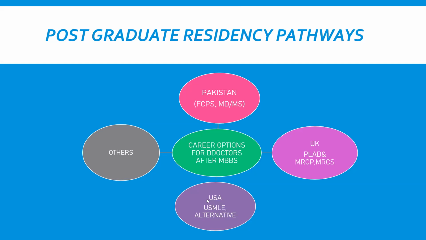It is a long route, but at the end of the day, it will pay you a better salary, and the training is slightly better than the other options. Slightly cheaper than USMLE, you can go for the UK, either through the PLAB pathway or the MRCP pathway, but you have to choose for yourself looking at your financial status and other things. Taking all those things into consideration, you have to decide whether to choose USA, UK, or Pakistan.